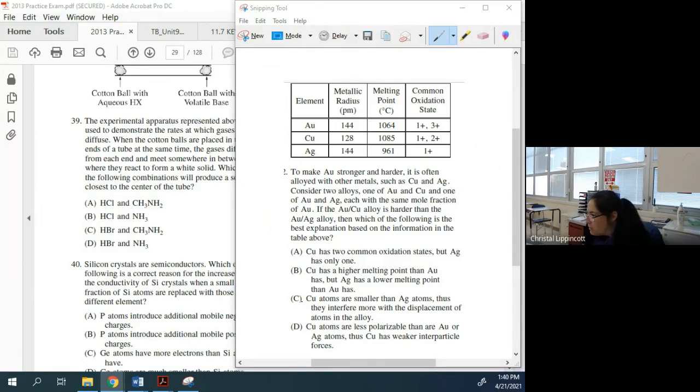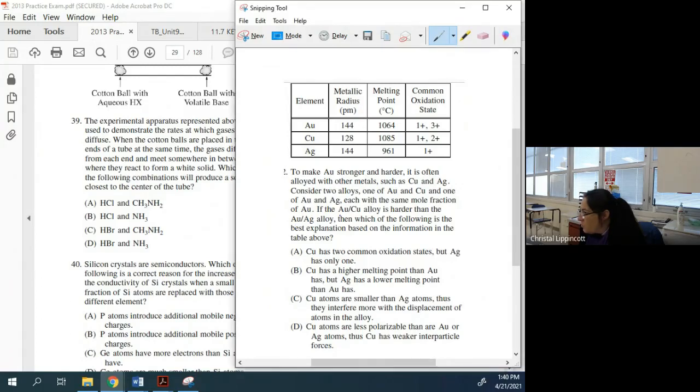Very good. Okay, so if we look at Cu, Cu has two common oxidation states, but Ag doesn't. That's not going to help us understand why it's getting stronger and harder.